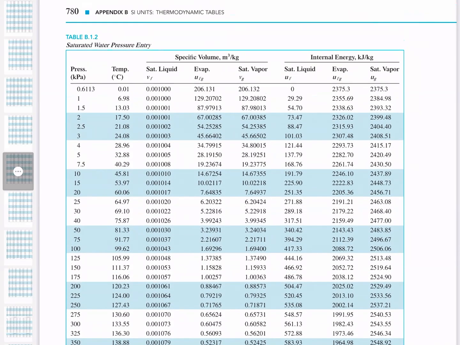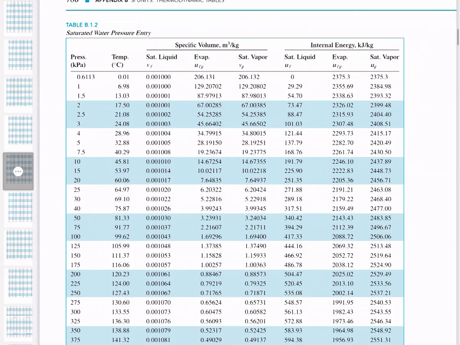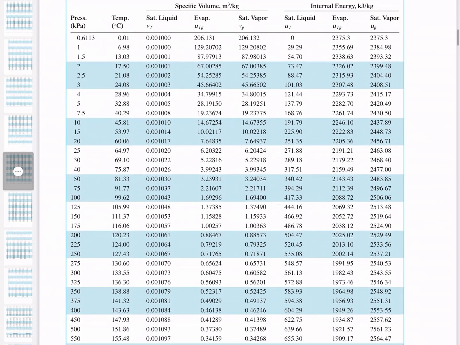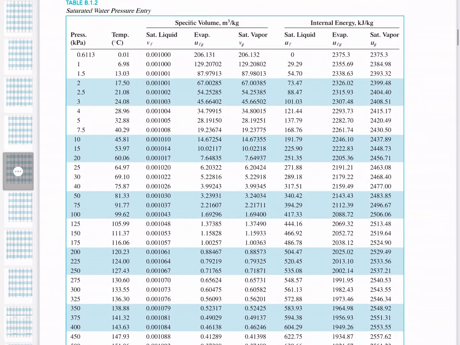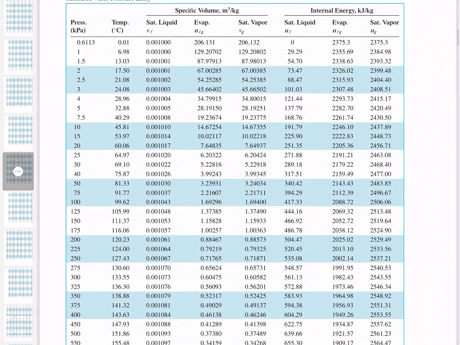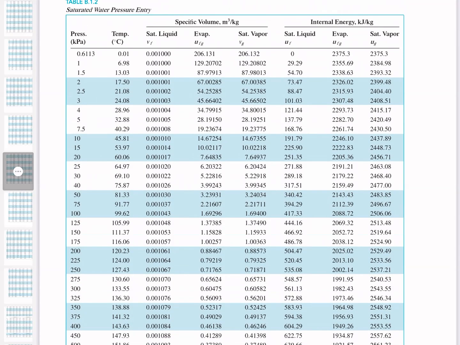I cannot. So you have to follow along with me with your table open, right? Because that is the way you will learn how to use it. So you have various pressure entries and you have various corresponding saturation temperatures. Intuitively, what this means is that if your pressure is that value, then the corresponding temperature is the temperature at which your water will start boiling.